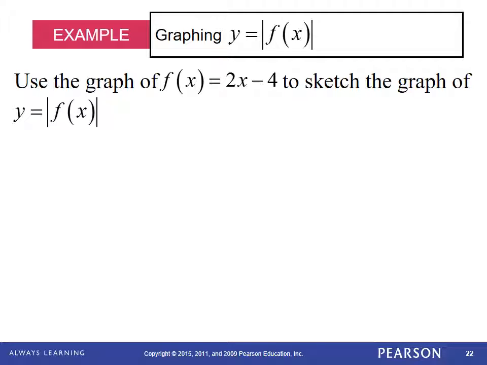Or in a sense, you're reflecting anything below the x-axis to above the x-axis. All right, I'll give you guys half a minute here to start with.